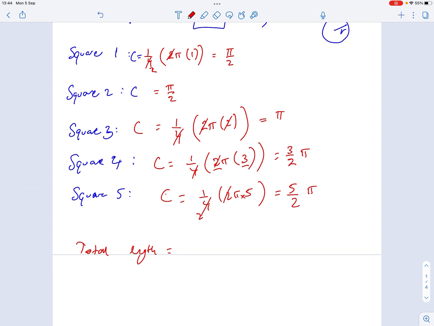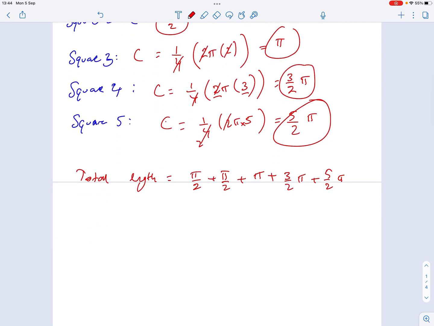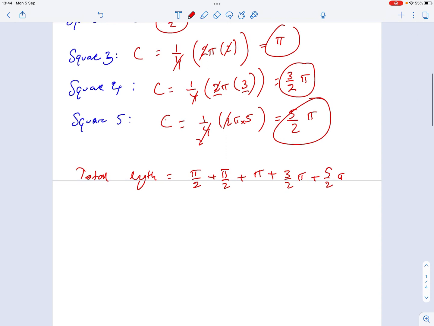Now total length is adding all these circumferences. So pi/2 plus pi/2 plus pi. So these are the ones I wrote. And now 3/2 pi. And then plus 5/2 pi. Okay.